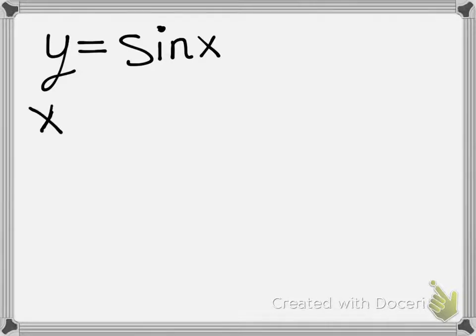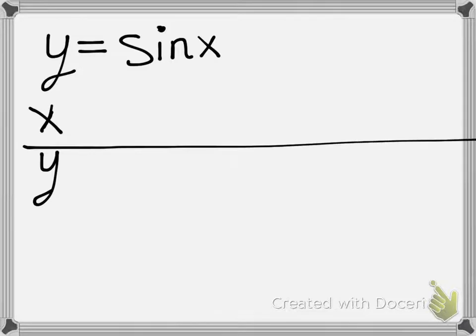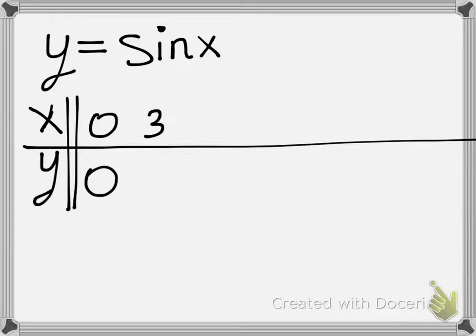I'm actually going to make the t-chart sideways here. So if we use 0 degrees, type that in, our answer is actually 0. If we type in 30 degrees, our answer is actually a half.